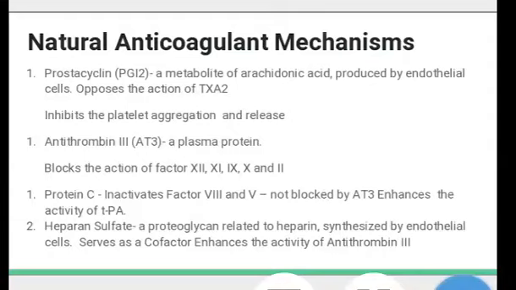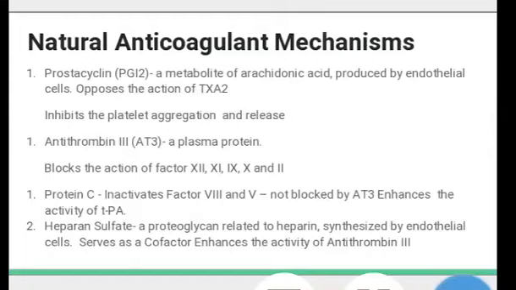Again, the last one is heparan sulfate. Heparan sulfate is a proteoglycan which is related to heparin, and it is synthesized by endothelial cells. This heparan sulfate is also present on the normal endothelial cell surface, and this molecule is a platform on which antithrombin is present, and we already saw the mechanism of antithrombin, how it acts as an anticoagulant.